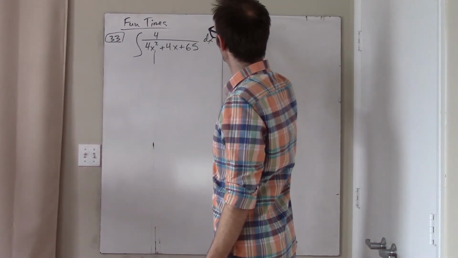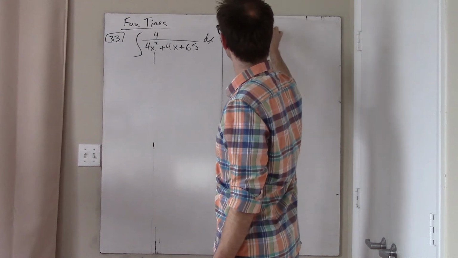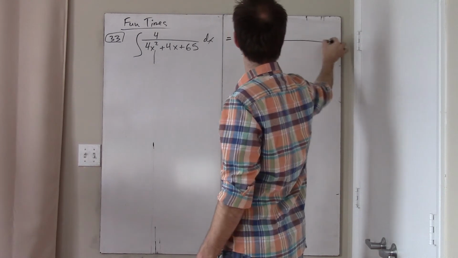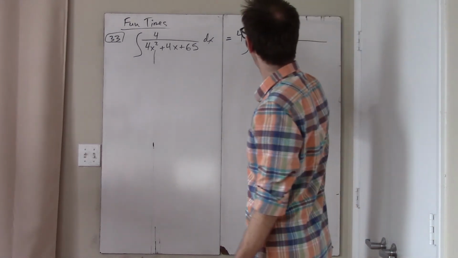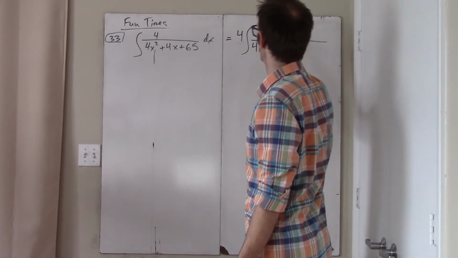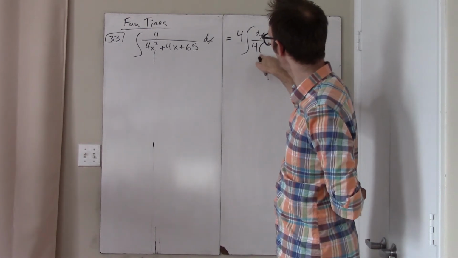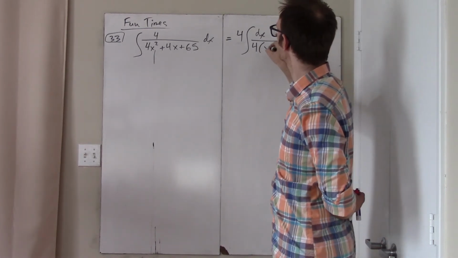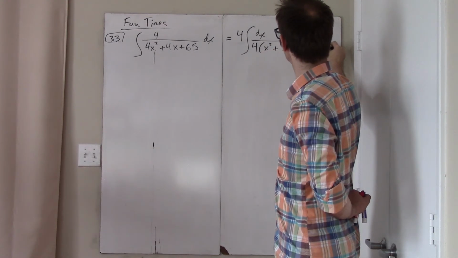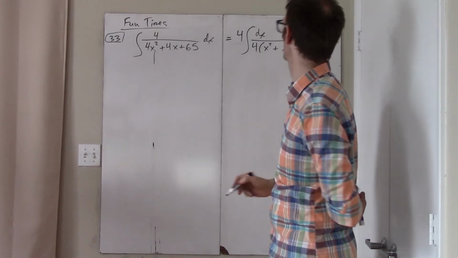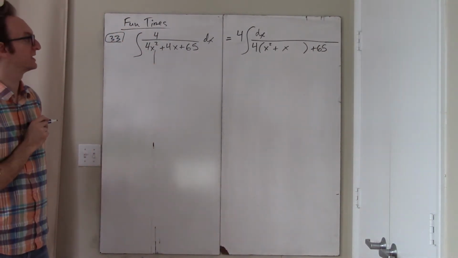So I'm going to take out this 4 because it doesn't seem to be doing anything. And in the denominator, I will complete the square. Being very careful about this, I will factor out a 4. Fancy people might do this a different way, but I think the most simple thing to do is to factor out a 4. And then that's x squared plus x. And then the 65 has no business doing anything, so I just leave it outside.